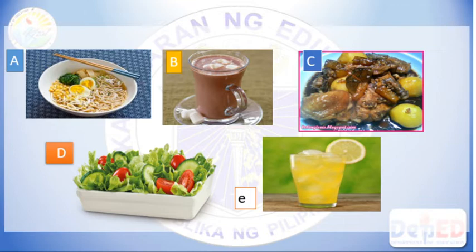Alright, so we have mixture A, mixture C, and mixture D. You can still distinguish the components of these mixtures.